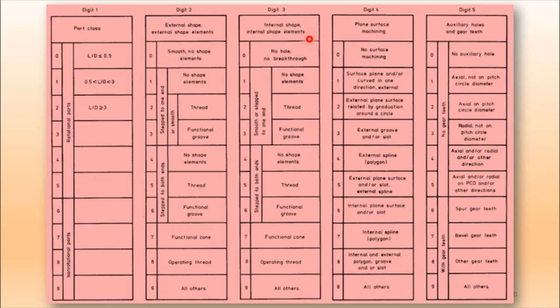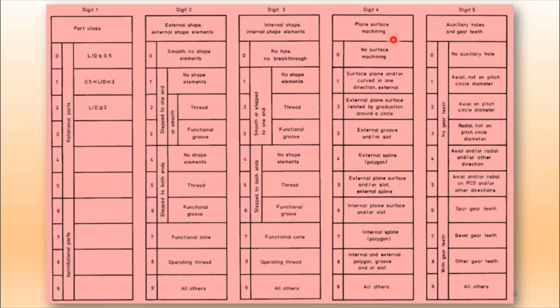The third digit, as I told earlier, takes care of the internal shape and internal elements. If there is no shape element, a threaded part at one end side and a functional groove at one end side, I'll assign a 3. Then 4, 5, 6 for functional cone, operating threads, or all others, then I'll assign a 7, 8.